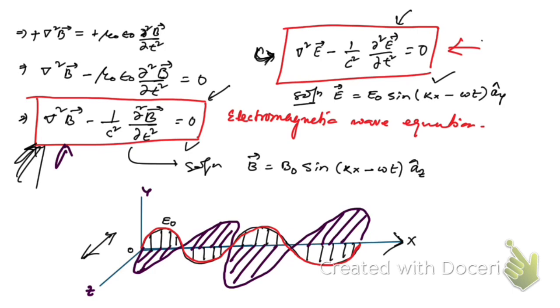So that's why we have got z. So hope you have understood. So these are the equations of electromagnetic wave in free space, okay?